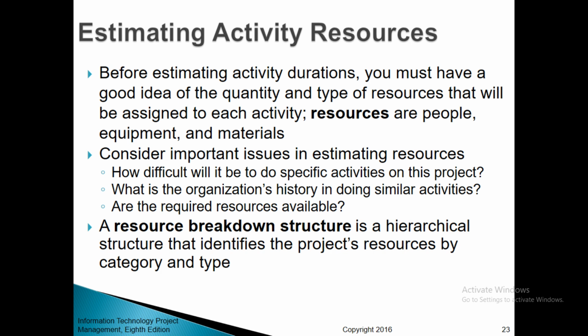This involves considering how many people are required, what equipment or tools are necessary, what materials are needed, and where the work will take place. By estimating activity resources accurately, you can ensure that you have everything in place to complete the task on time and within budget. It's an important step in project planning to avoid delays and resource shortages during project execution.